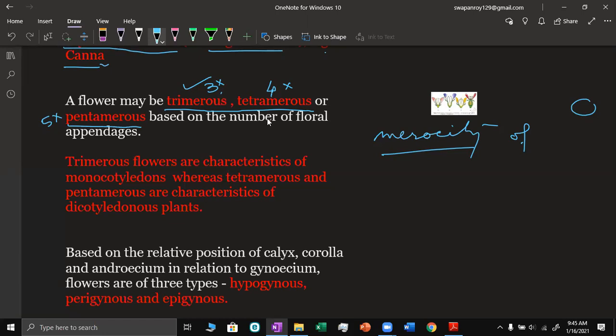Tetramerous is 4 and multiple of 4. Pentamerous is 5 and multiple of 5.